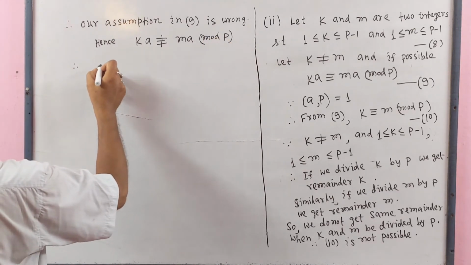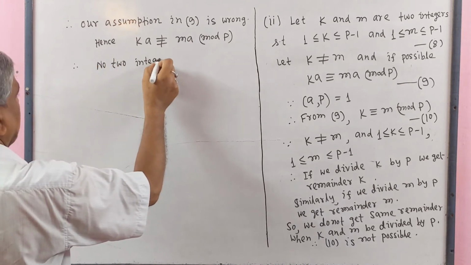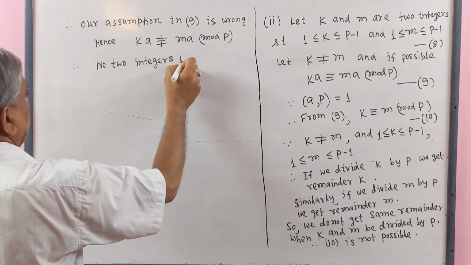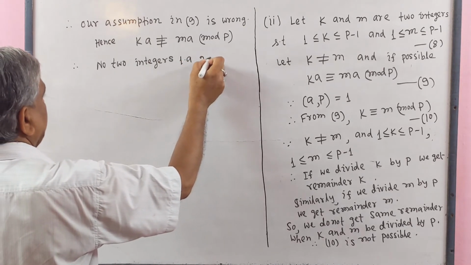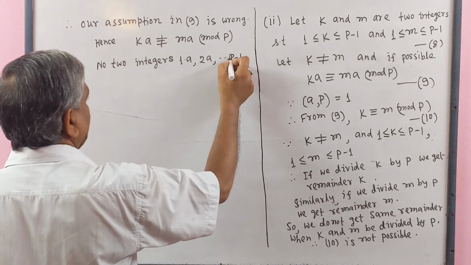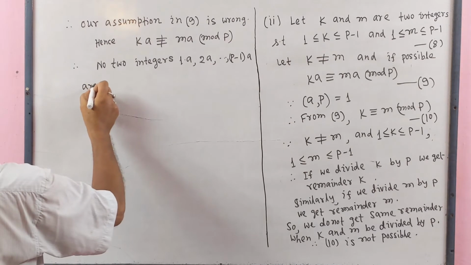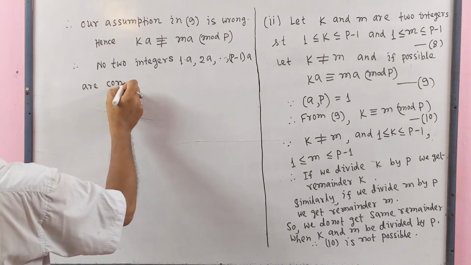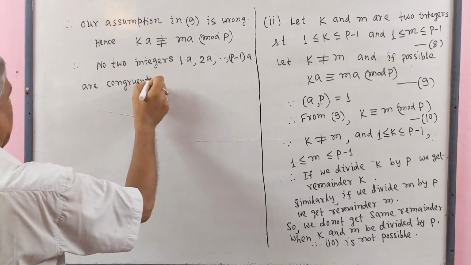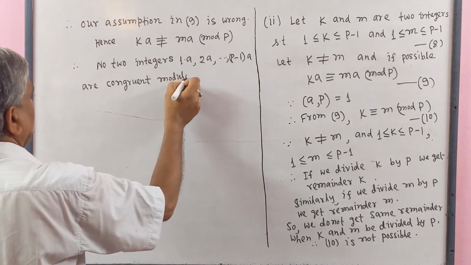Therefore, no two integers 1a, 2a, ..., (p minus 1)a are congruent modulo p.